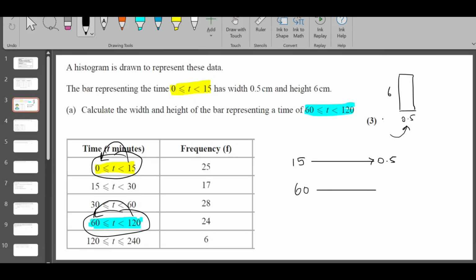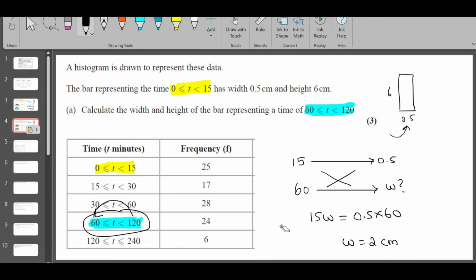What is the width on the histogram? Cross multiply: 15W is equal to 0.5 times 60. W is 30 divided by 15, which is 2 centimeters. We are going to use the same method for height also.